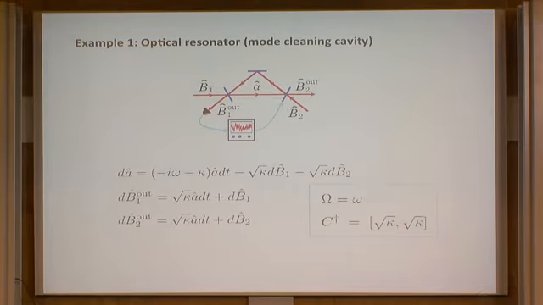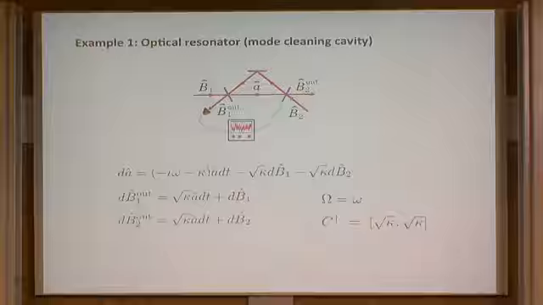So here are some examples. The typical one is an optical resonator, which is used for mode cleaning of the laser field. Here A is an annihilation operator of the cavity field, the standing wave. B1 is an input laser field, and here's an output. And also here's B2, a vacuum input, and here's the output, which is mode cleaned.